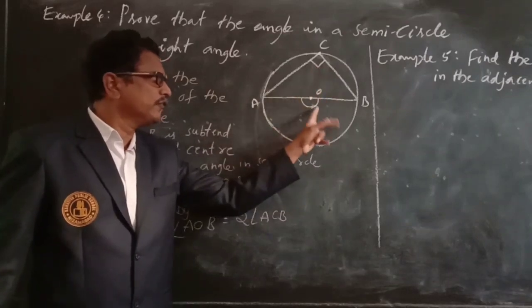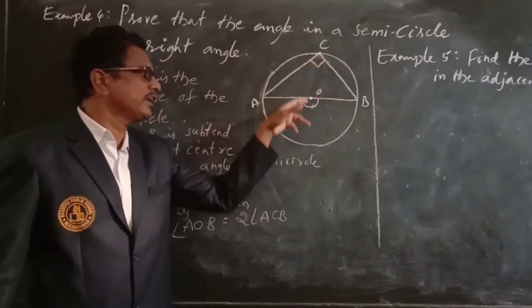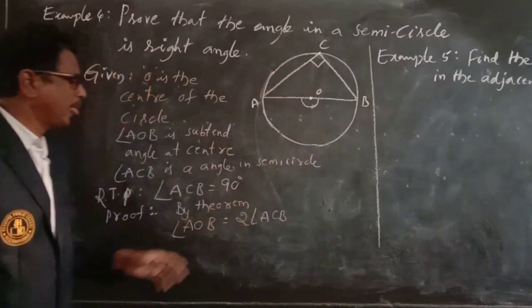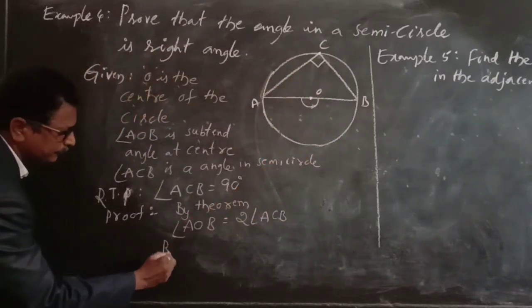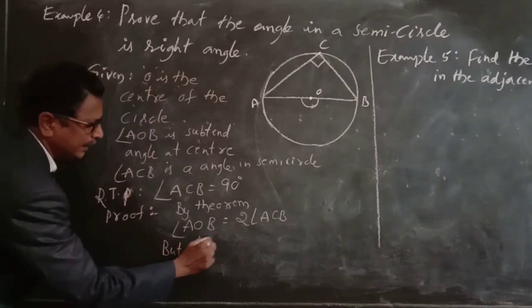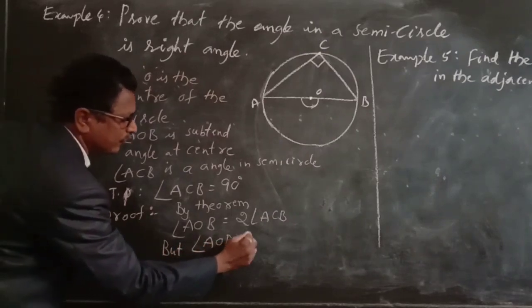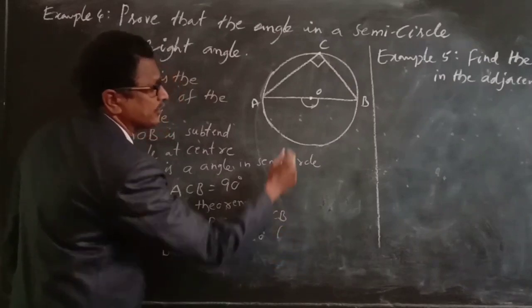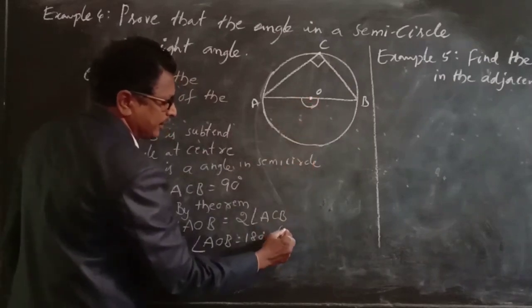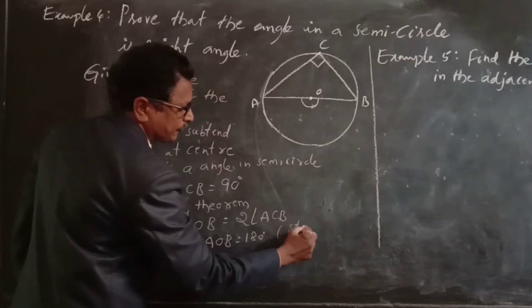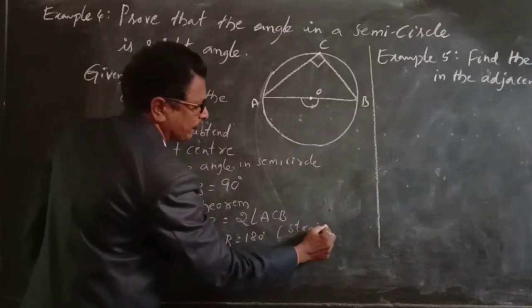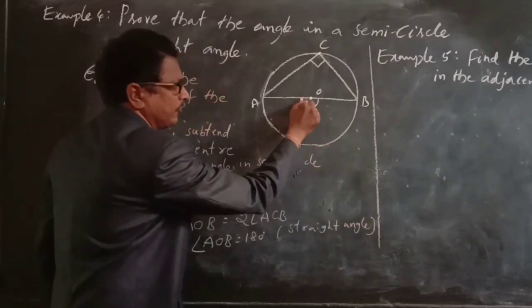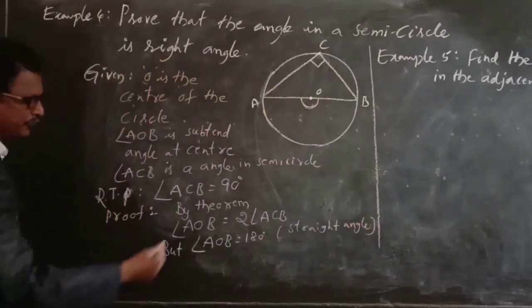So angle AOB is double angle ACB. But angle AOB equals 180 degrees, since it is a straight line, a straight angle. Total angle is equal to 180.